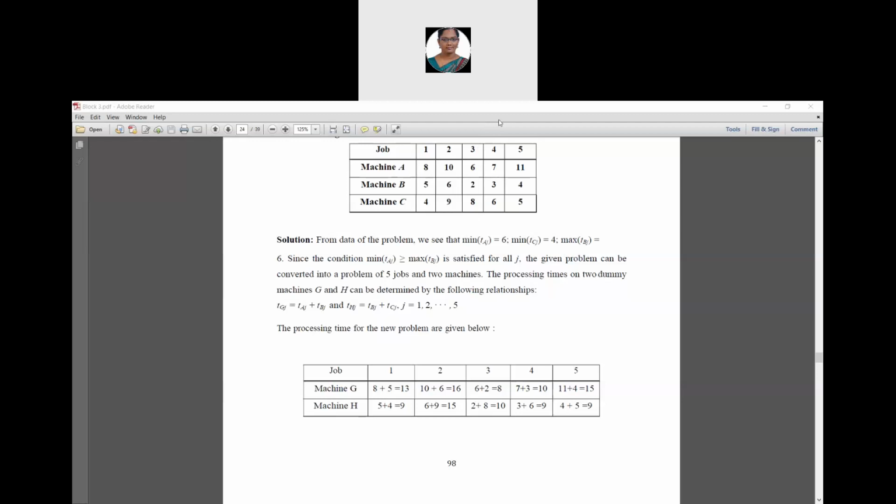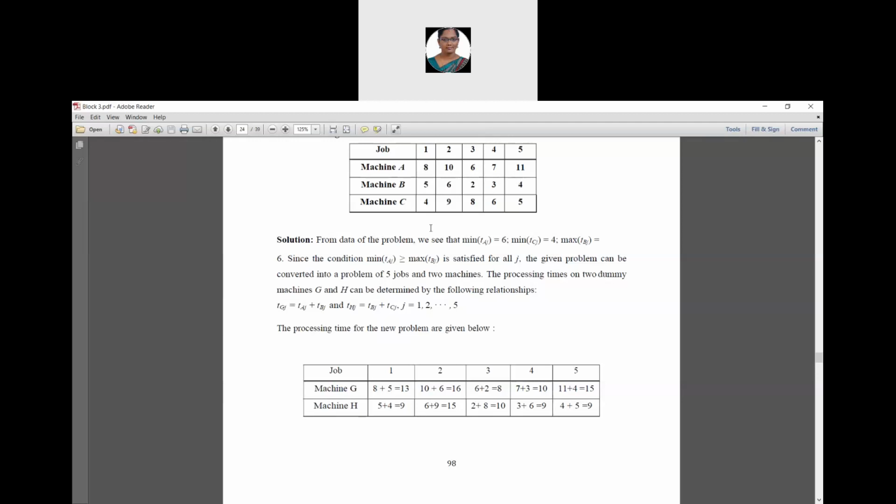The first row denotes the job values 1, 2, 3, 4, and 5. The second row denotes the first dummy machine, machine G. Here we add the first two machines, A plus B. So 8 plus 5 is 13, 10 plus 6 is 16, 6 plus 2 is 8, 7 plus 3 is 10, 11 plus 4 is 15.